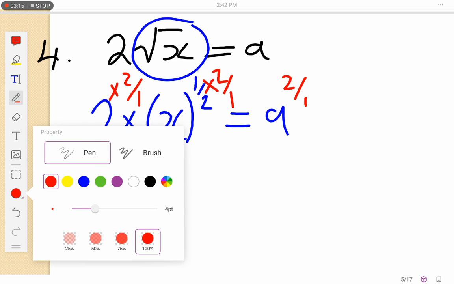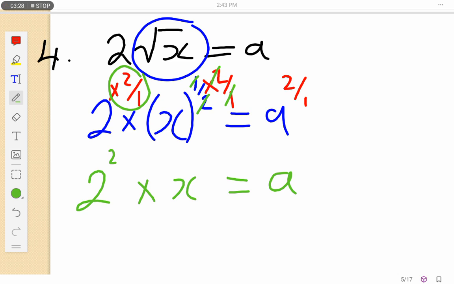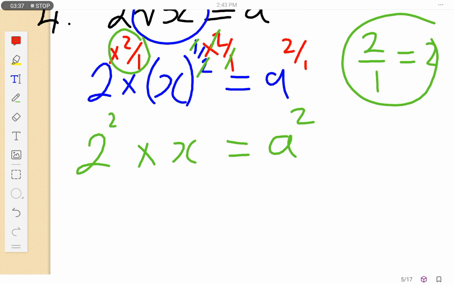Okay, so on the x there, they are going to cancel off each other, 2 by 2, 1 by 1. Then on here, it is going to be 2 to the power of 2 times x is equal to a to the power of 2. Remember we said 2 over 1 is the same as 2. Always remember that.